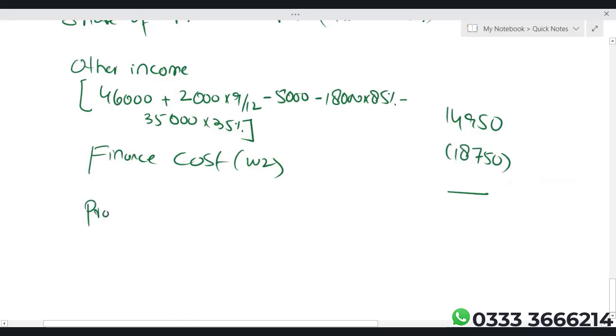Here comes the profit before tax. Profit before tax is 3,27,000. Income tax is very simple. We'll have to take parent and then subsidiary 9/12. We never take associate's share of tax, never. Only parent and subsidiary.